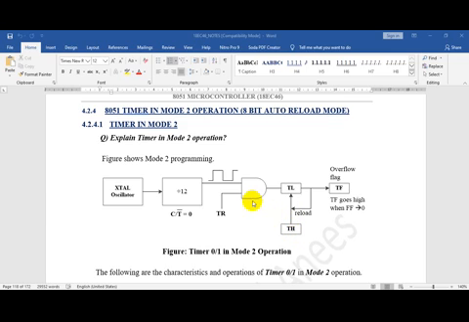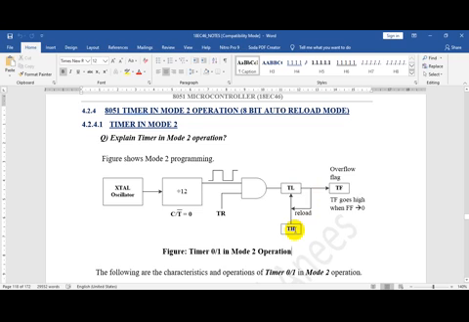So that's what the diagram says. So the crystal frequency divided by 12, then when you start the timer, you will load the value in TH register. Then a copy of that is given into TL register. And once the overflow happens, automatically again TL will be loaded with the value present in TH register.